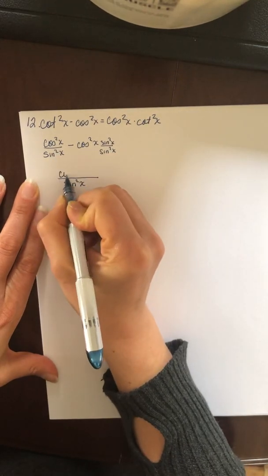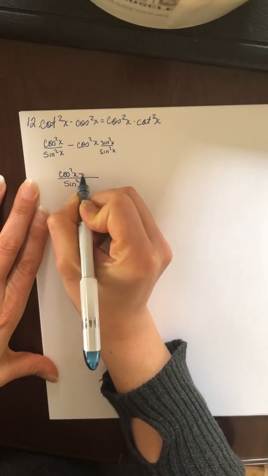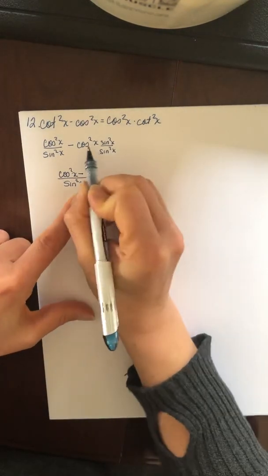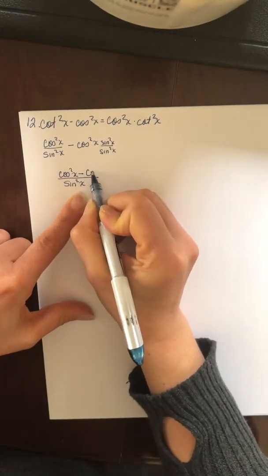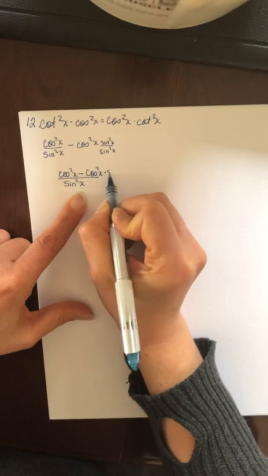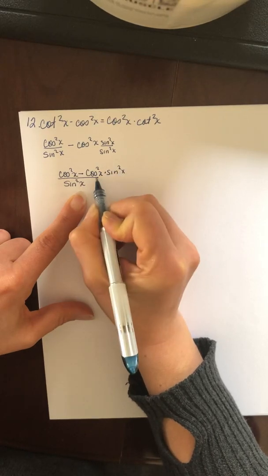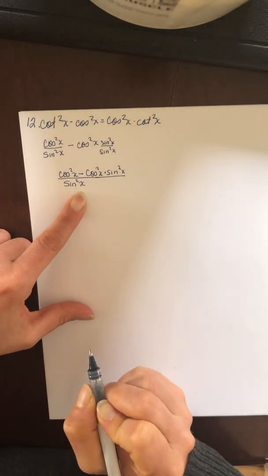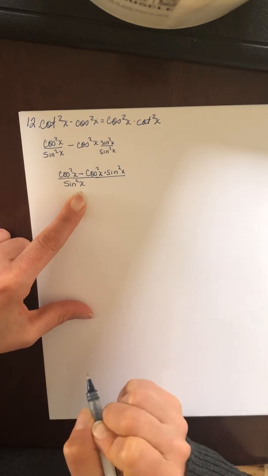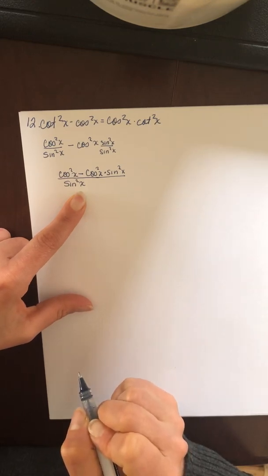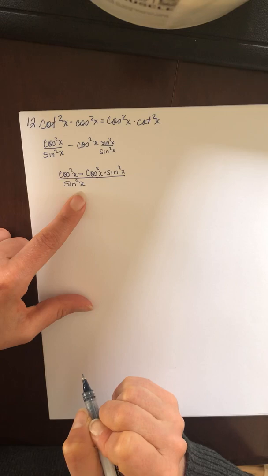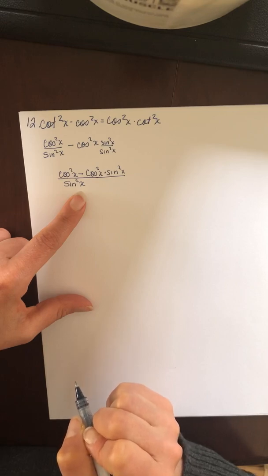That guy's going to be our cosine squared minus, now we just have to be careful, this numerator here is cosine times sine squared. Sorry, cosine squared times sine squared. Okay. I'm going to look at my final answer and I'm going to say, okay, what do I need?